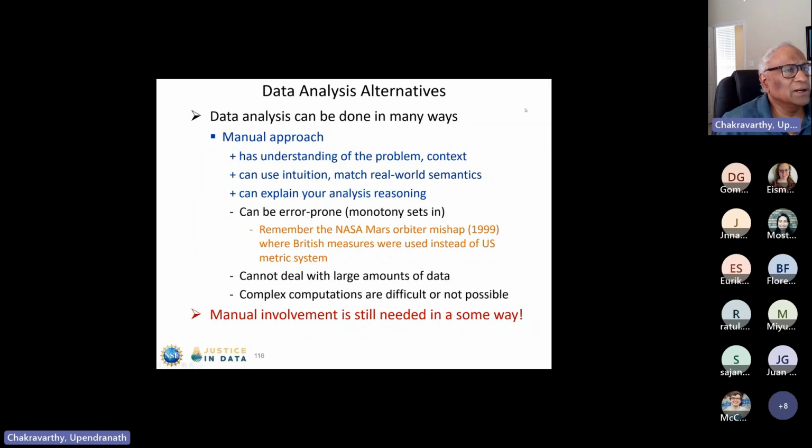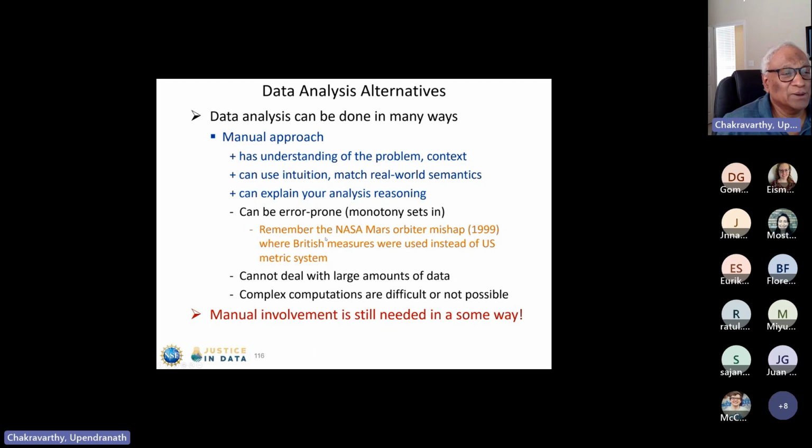The other thing that you should also understand is data analysis can be done in many ways. You can do it manually. It was being done manually. The advantage of doing it manually is that the person who is doing it has understanding of the problem and the context, can use intuition, match real world semantics, can explain the analysis and reasoning, but it can be error-prone.